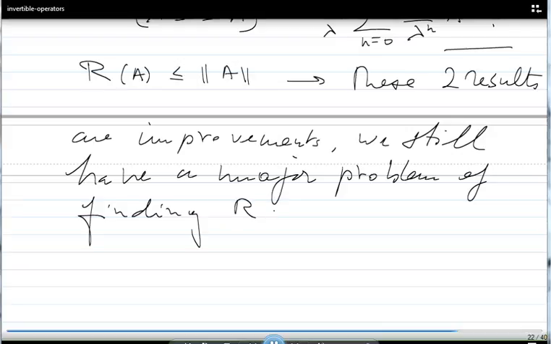This is not an easy task. So yes, it improves, but it's still not easy to find the spectral radius r of A of an operator A.